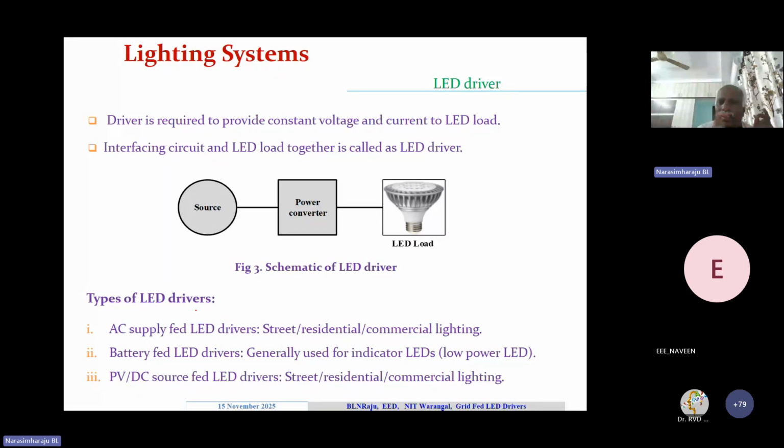That's the universal AC grid voltage range. So that is it. Typically, this is what I was talking about.